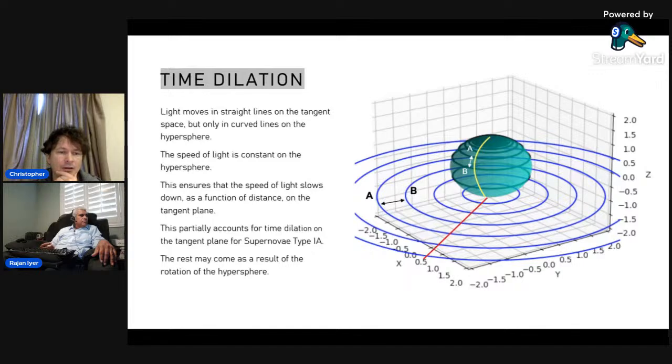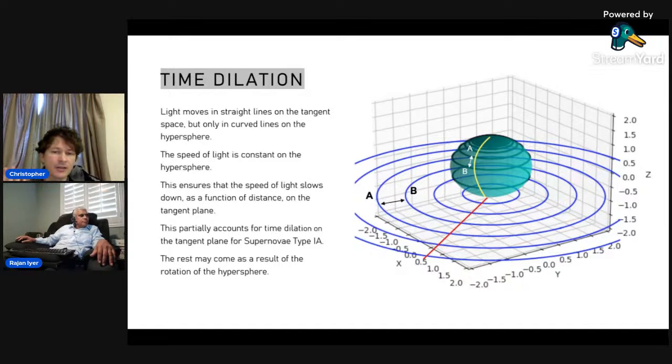So we can still use this, because we have time dilation on the tangent plane now. We can use that as time dilation for type 1a supernovae as they go further out. We notice that they evolve slower the further they go out. But even that wouldn't account for all of the time dilation that we expect to see with the supernovae.